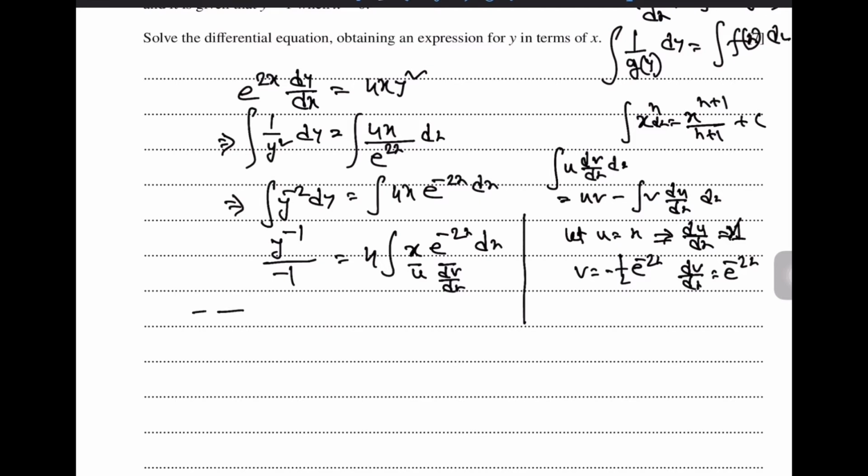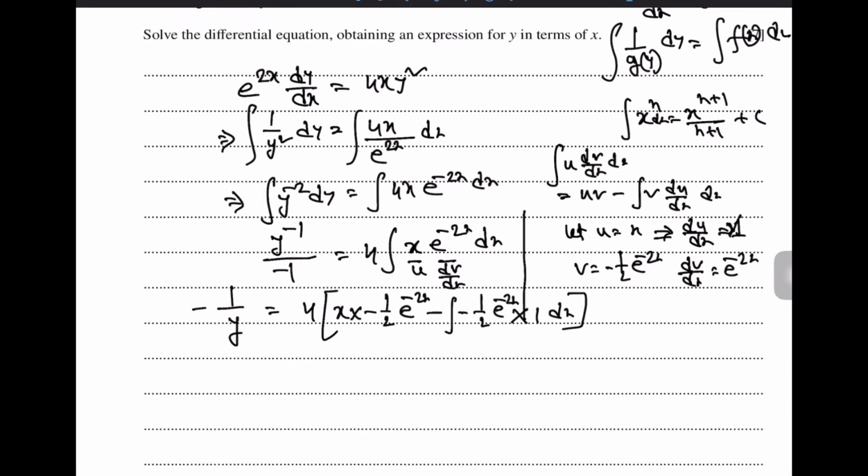This is minus 1 by y equals 4 times u, which is x into minus half e to the power minus 2x, minus v du by dx. V is minus half e to the power minus 2x, and du by dx is 1 dx.